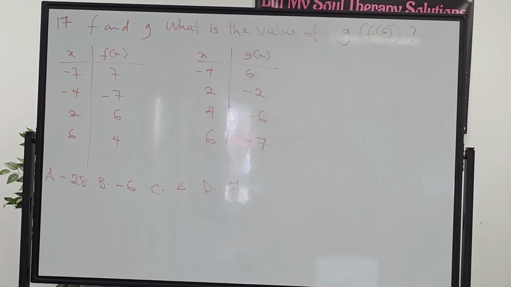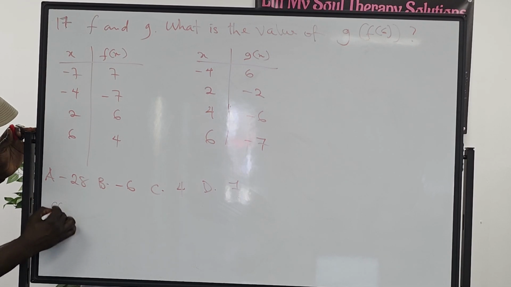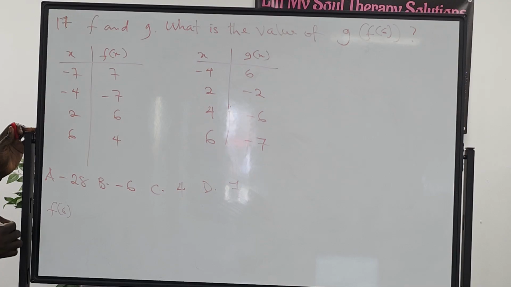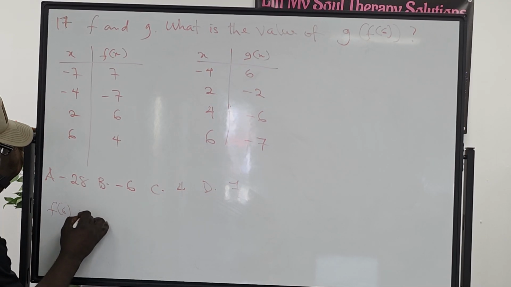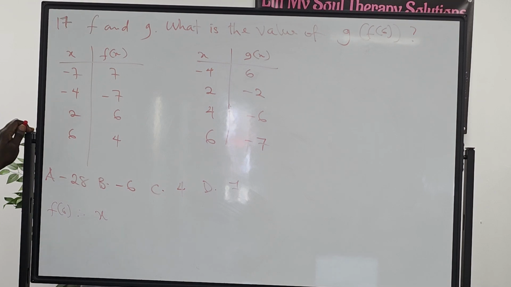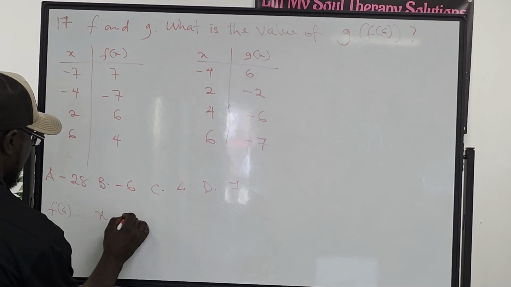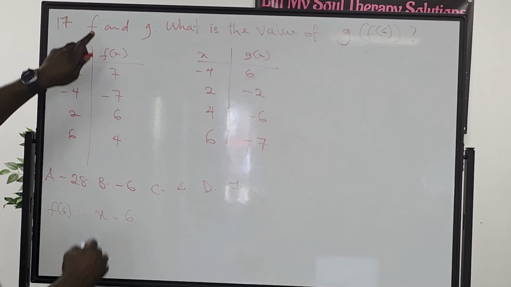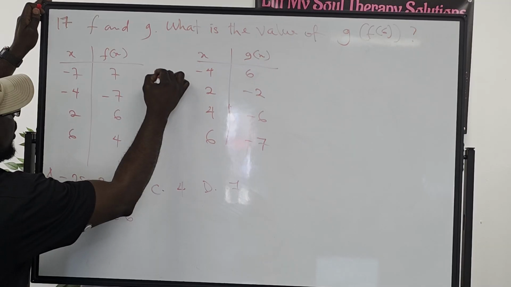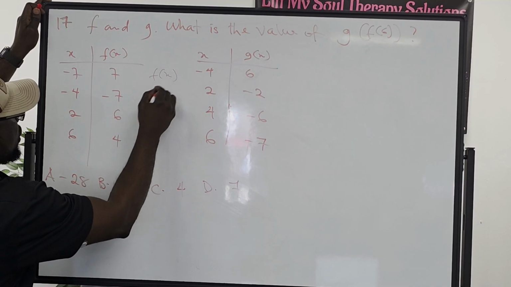So to solve this, let's do the function f of 6 first. So let's do f(6), right? Which means x equals 6. They said this right here is f(x), and this is g(x).